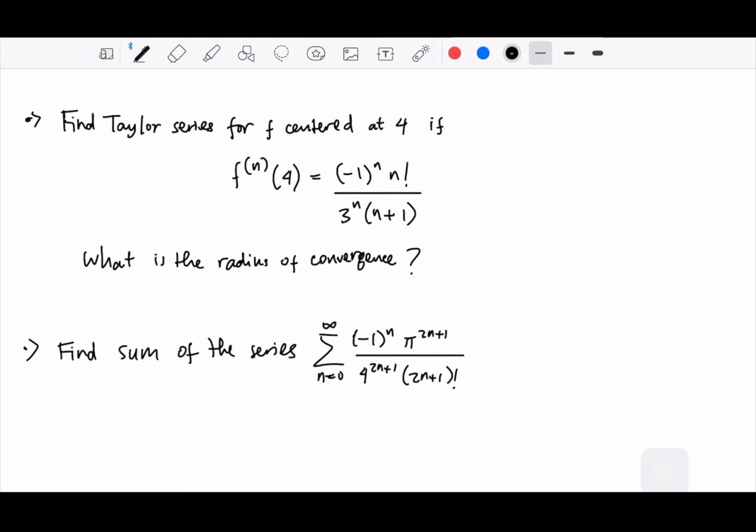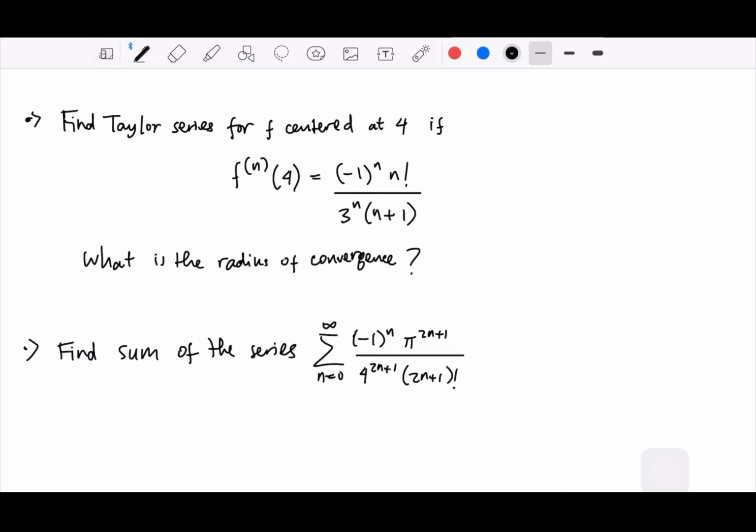So first, my suggestion for your study, especially for the power series representation and Taylor, Maclaurin, is that you need to be more familiar with some of the essential functions that you can represent in a power series, like e to the x, 1 over 1 minus x, of course the ln 1 plus x, tangent inverse x, sine x, cosine x.